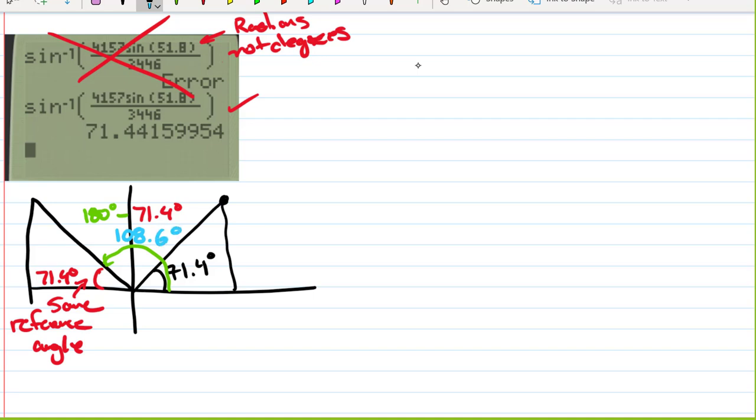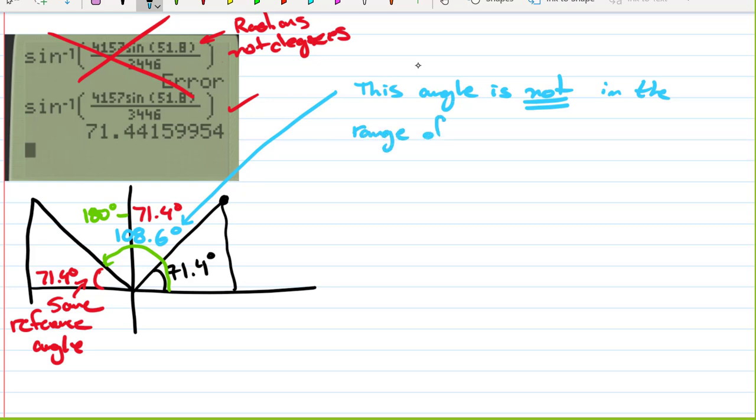So it's worth noting this angle is not in the range of sine inverse.